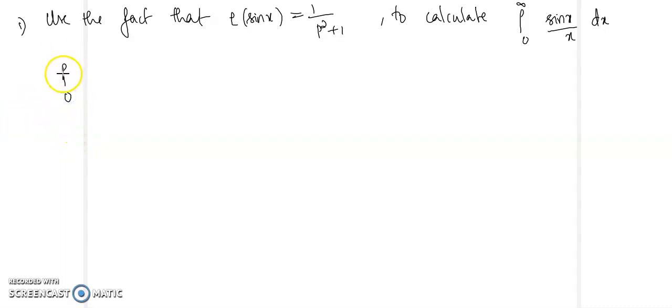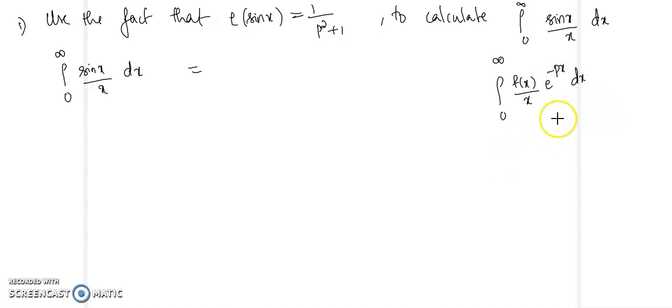So we need to find the integral from 0 to infinity of sin x by x dx. Now this will be given by the integral from 0 to infinity of f(x) by x e raised to minus px dx. So this is the Laplace transform of sin x by x. So that is given by the integral from p to infinity of F(s) ds.